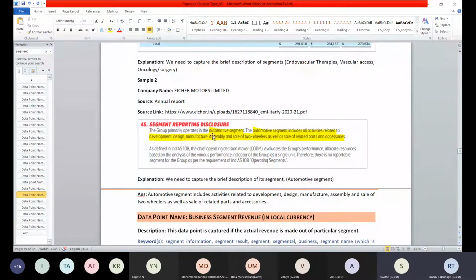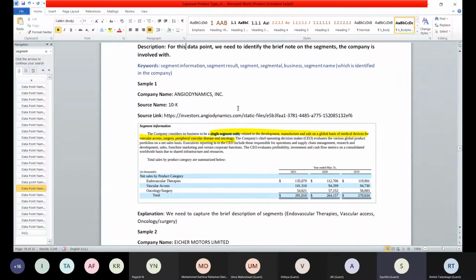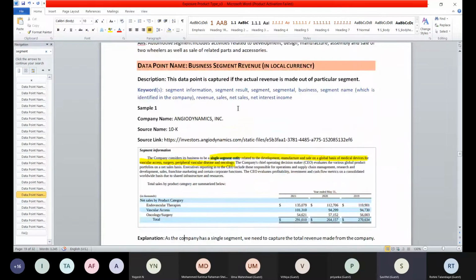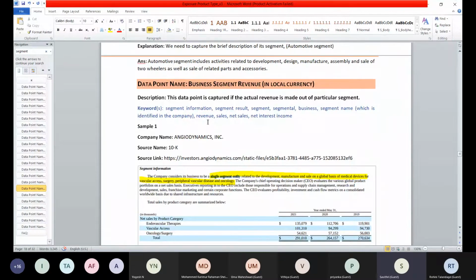Like here they have given what that automotive segment includes, so that we have to take for the description. Any doubt in this? Any doubt, guys? No, ma'am.